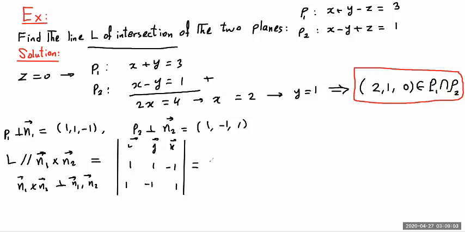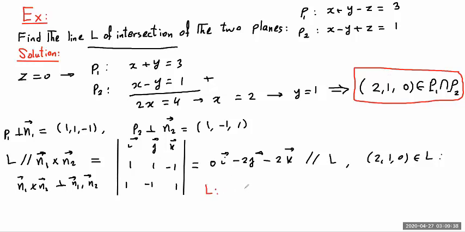Then you will have here 0i, then minus 2j, then minus 2k. So this is parallel to the line L, and I have the point 2, 1, 0 that exists on the line L.